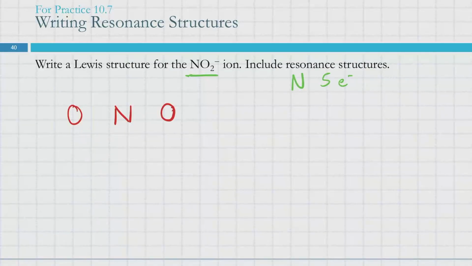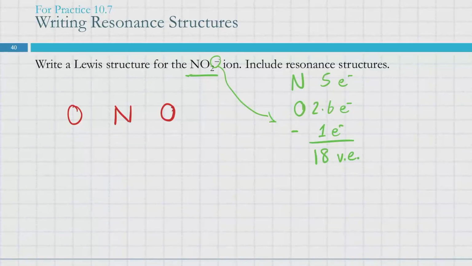Nitrogen has 5 valence electrons. We've got 2 oxygens, each with 6 valence electrons. And what else? We've got an extra electron because we've got a negative charge. So the negative charge means we add 1 electron. So we'll have 18 valence electrons.